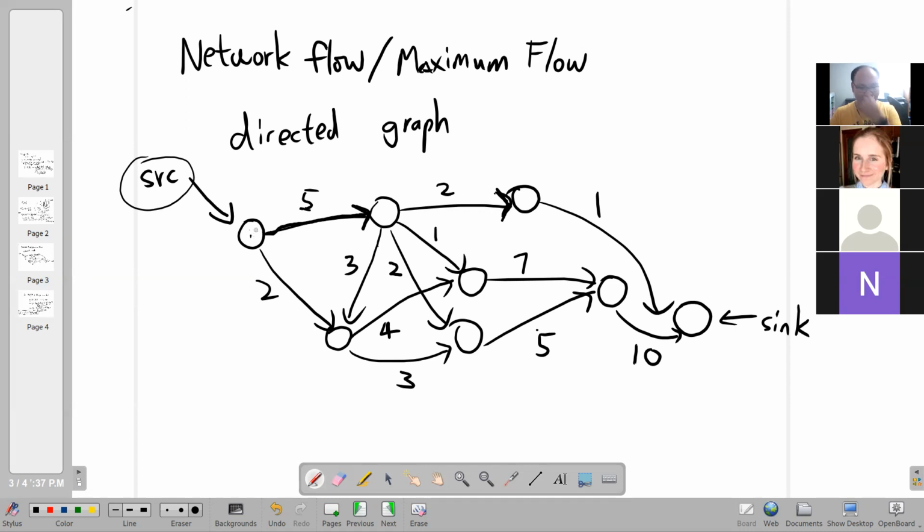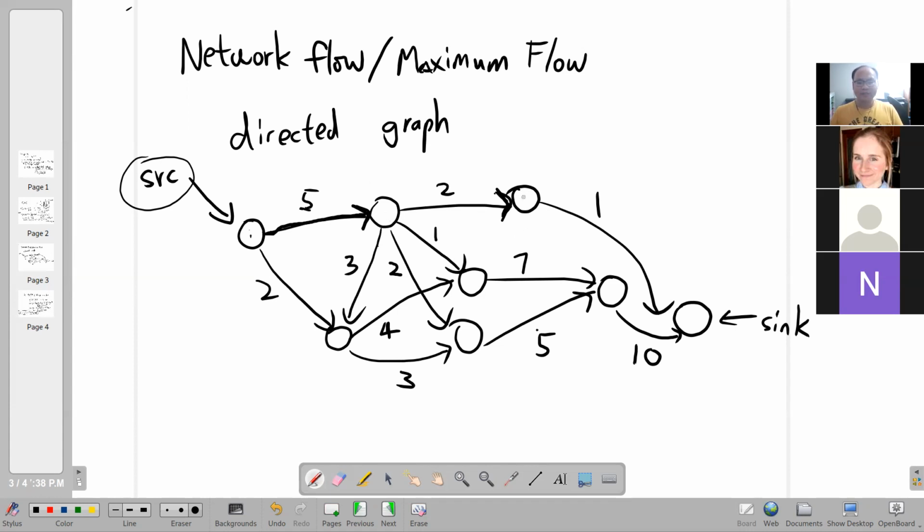If you're not the sink, if you're one of these internal nodes, whatever comes in must go out. So if you have 5 units coming in, 5 units must come out. But the 5 units don't all have to come out one way. For example, maybe 3 units go this way, 1 unit goes this way, and 1 unit goes that way. The 5 units can be split up somehow.